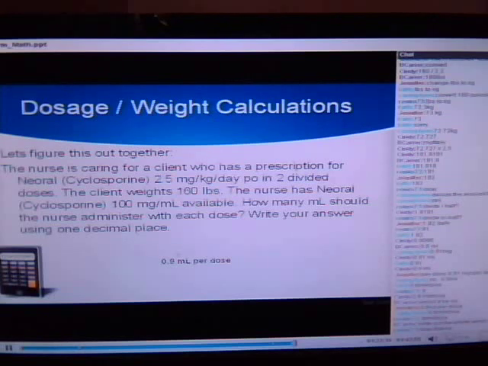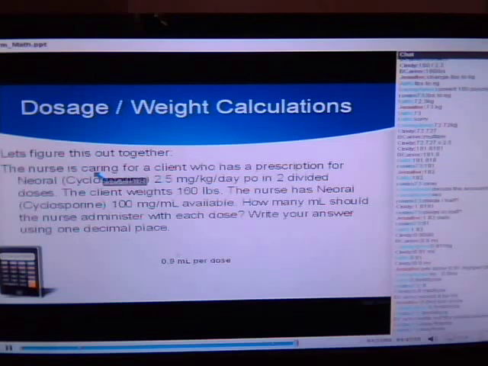And then the other tricky thing was, usually the NCLEX doesn't say the nearest hundredth or whatever, but it did say write your answer using 1 decimal place. I'm not saying this was actually on the NCLEX. I'm just saying this is the way the NCLEX is.